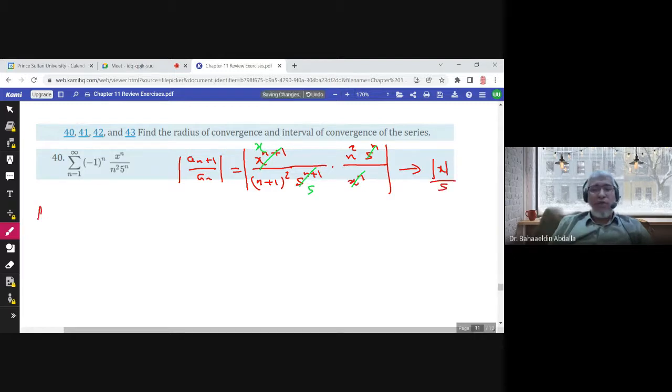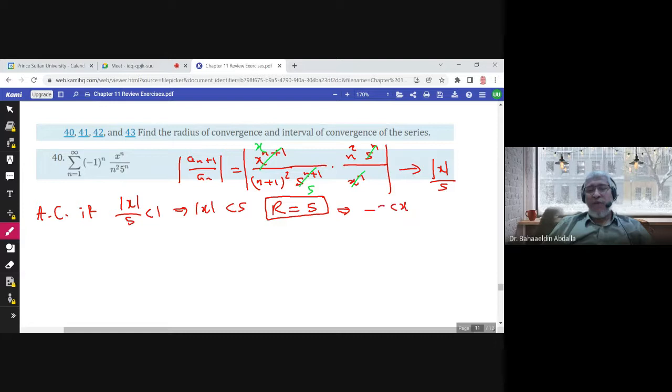So this series would be absolutely convergent if absolute value of x over 5 is less than 1, which means absolute value of x is less than 5. So the radius of convergence is 5, and x is between -5 and 5.